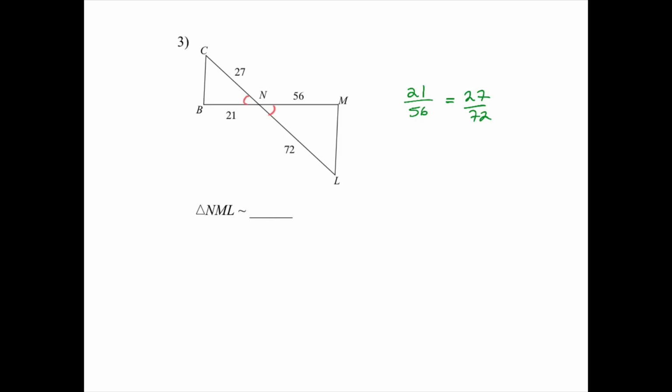Right? So if I simplify this one by 7, I have 3 over 8. And this one by 9, I have 3 over 8. So in this case, by side-angle-side similarity, I can prove that triangle NML is similar to triangle NBC.